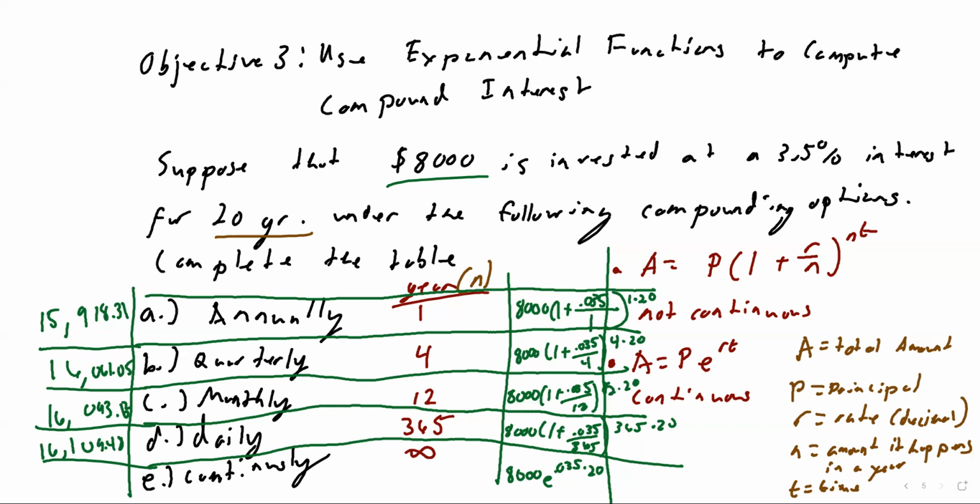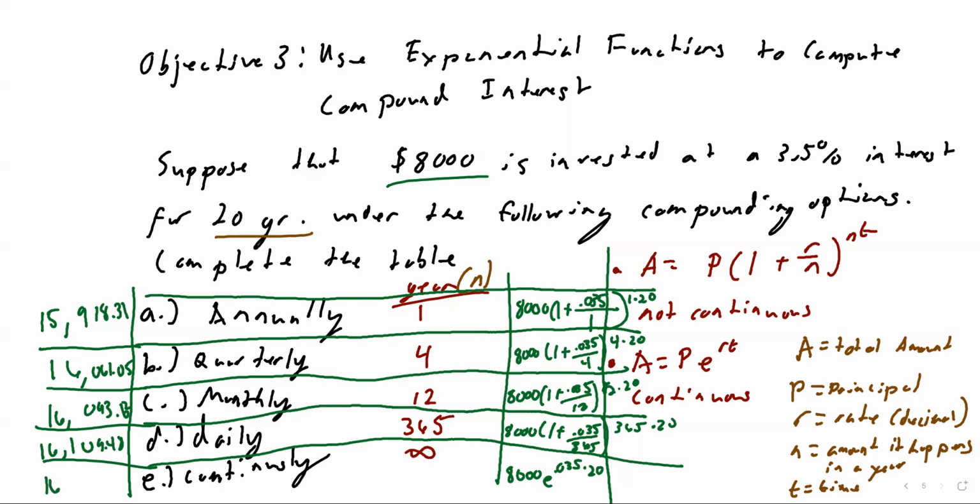And what you get? Sure that's not 16,110? Good. Yeah, it gets a little hard there. But now notice that the daily here was $16,109.